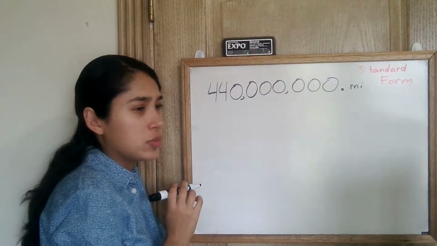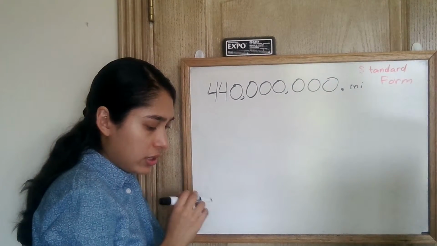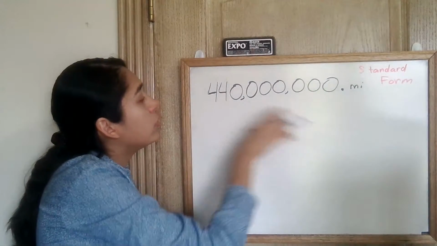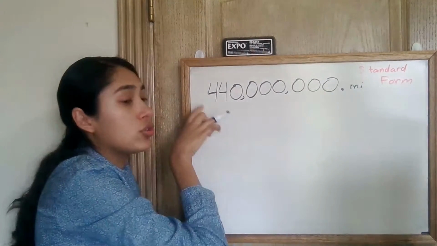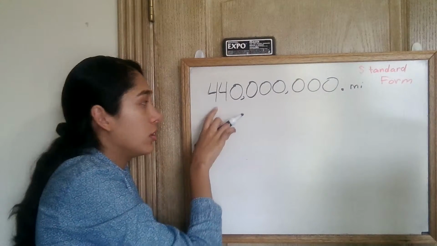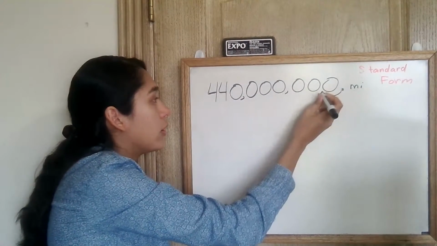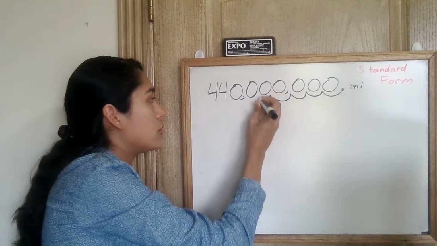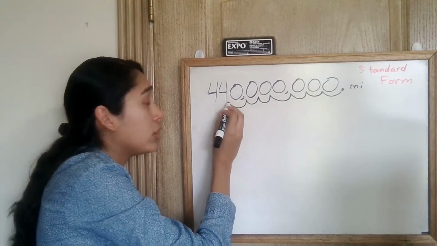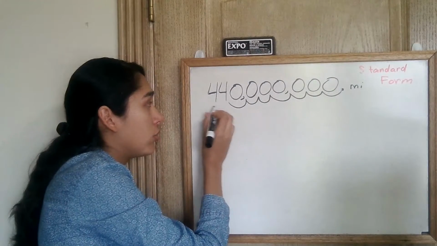And the good spot to move it, we're going to move this decimal point until there's only one digit to the left of the decimal. I'm not going to do it here because there's still one more digit over here.